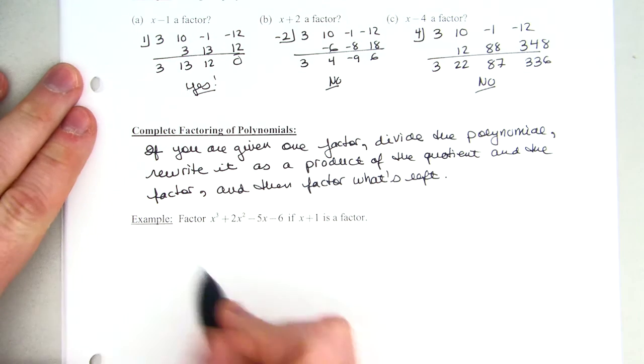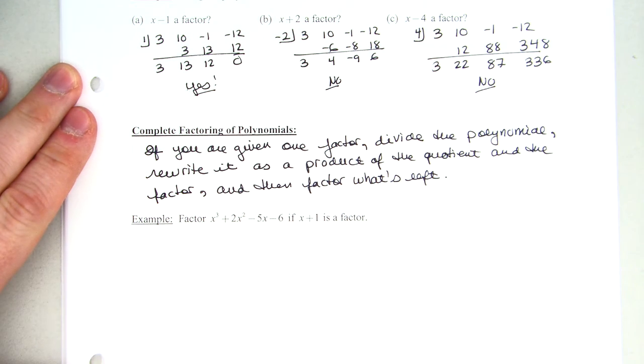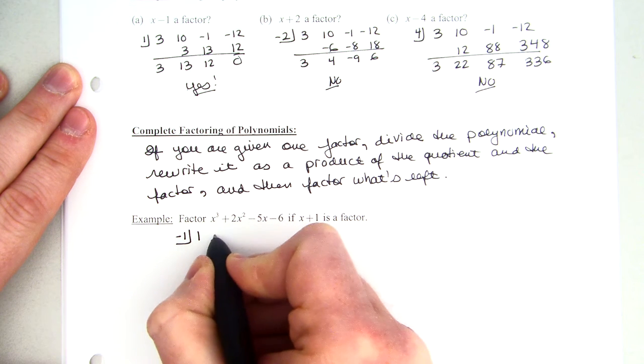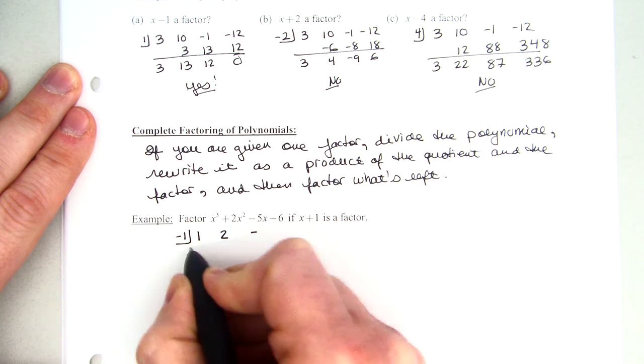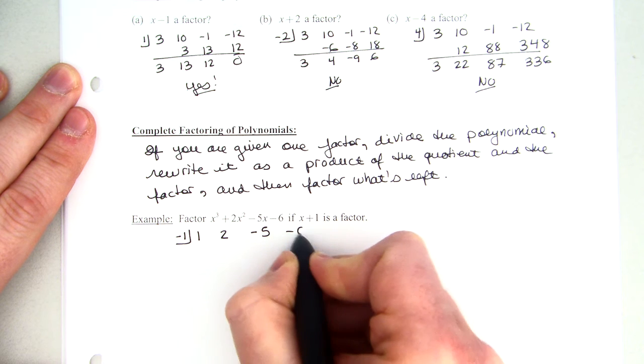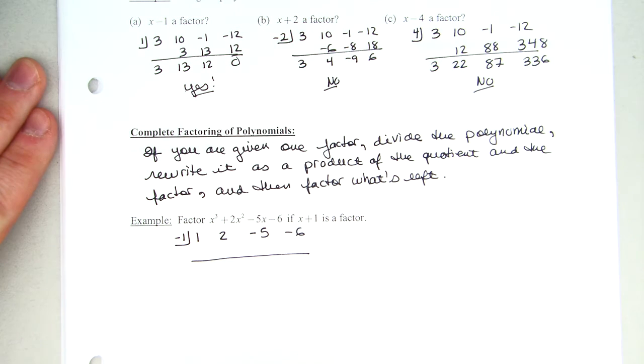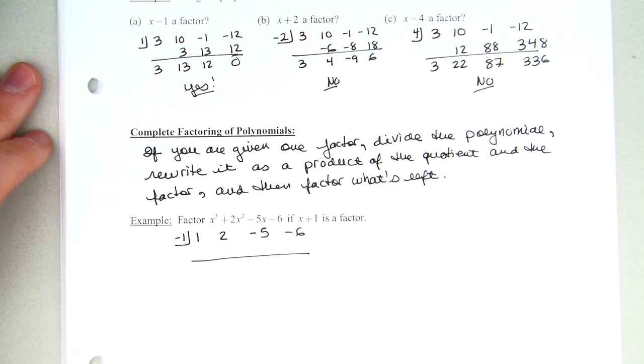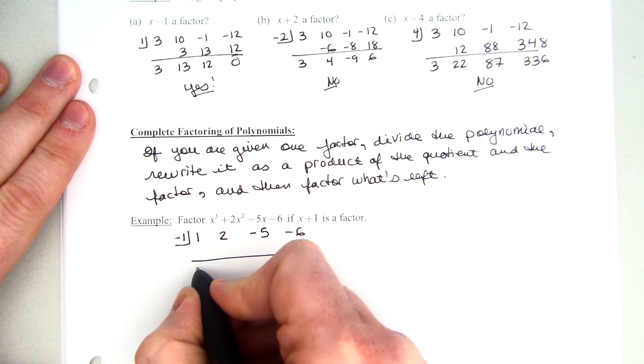I'm telling you a factor of this cubic polynomial, x plus 1 is a factor, which means if I tried dividing by x plus 1, 1 in the box, 1, 2, negative 5, negative 6. Since I told you x plus 1 was a factor, my remainder had better be 0. If it's not, either I lied when I said it was a factor, or you messed up somewhere in the division. So I'm going to go and divide.